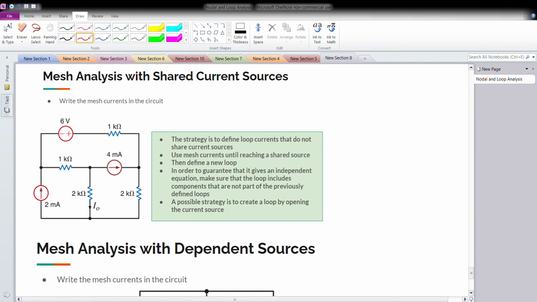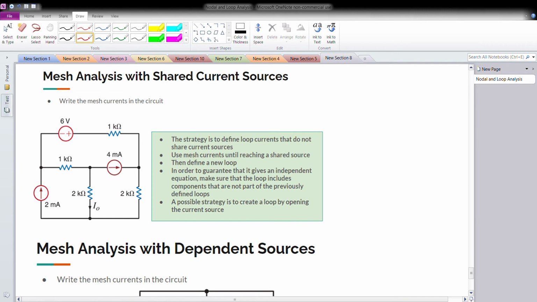So in that case, you would have to bypass that current source somehow to be able to solve for your circuit. Just like nodal analysis where we did supernode and connected two nodes together, here we're going to do the same thing in a different way. There are two methods for mesh analysis. I'll show you both of them.